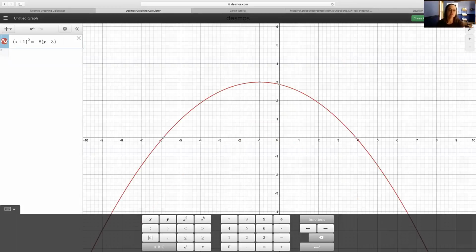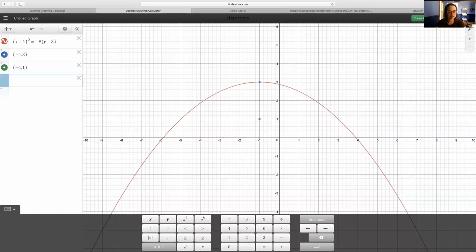And I said that was a downward opening parabola with a vertex at (-1, 3). There's my vertex. The focus is going to be 2 units below that, so that should be at (-1, 1).